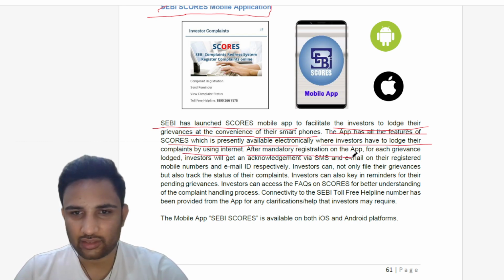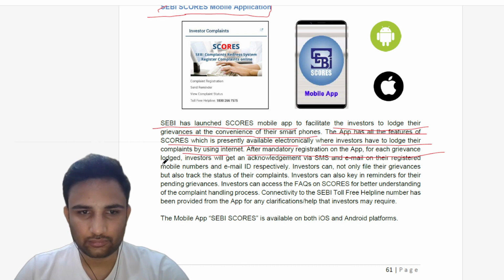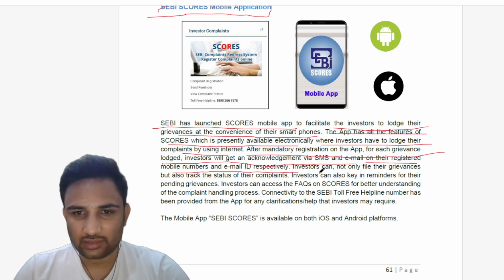After mandatory registration on the app, for each grievance lodged, investors will get an acknowledgement via SMS and email on their registered mobile numbers and email ID respectively. Investors can not only file their grievances but also track the status of their complaints. Investors can also key in reminders for their pending grievances.